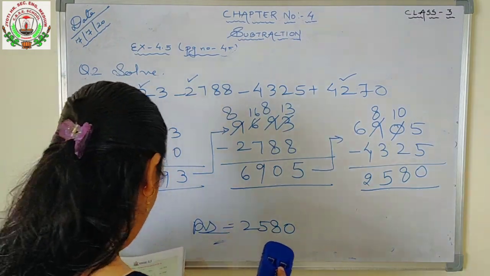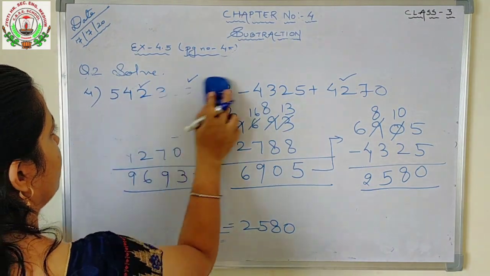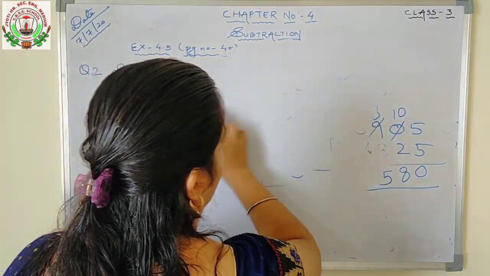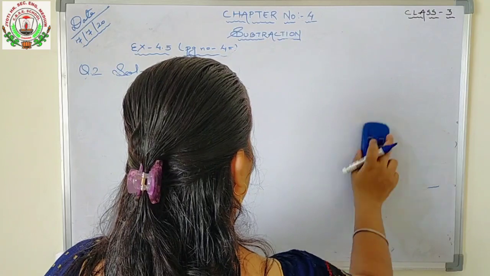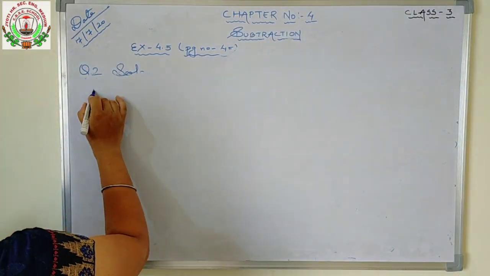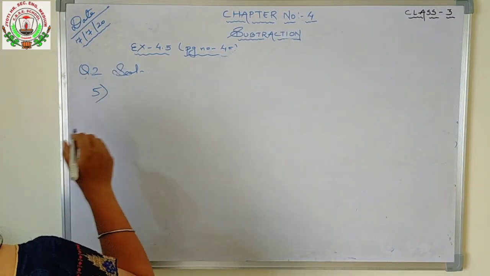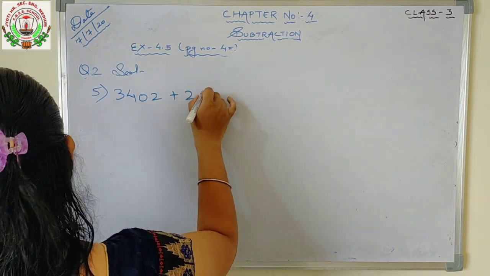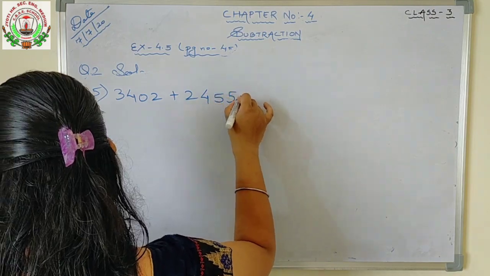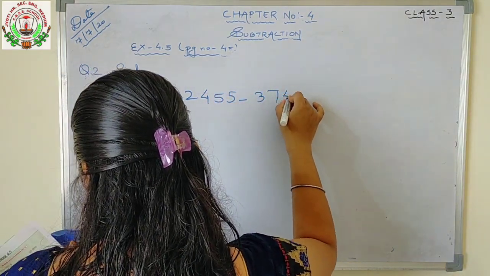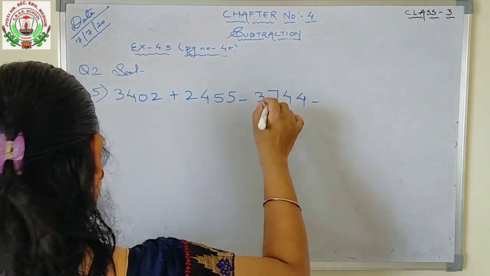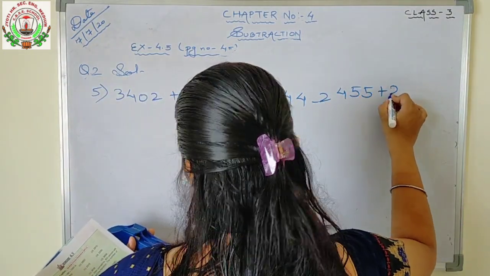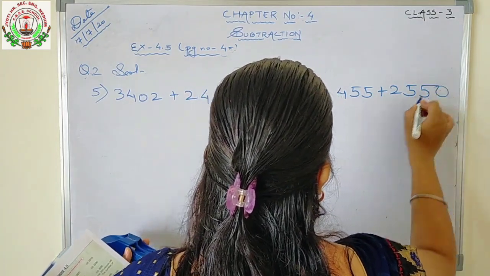Now moving on to our question number next. Next is number 5. What is question number 5? Number 5 is 3402 plus 2455 minus 3744 minus 2455 plus 2550.